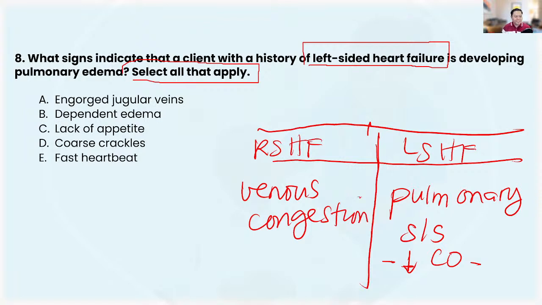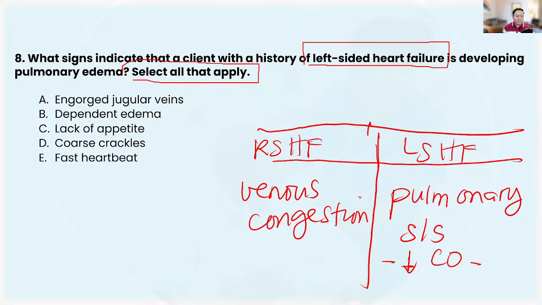So I created a table for you in order to have a reference. If the patient has right-sided heart failure, think about venous congestion, okay? For a left-sided heart failure, most of the manifestations here will be pulmonary and also signs and symptoms of decreased cardiac output, okay?